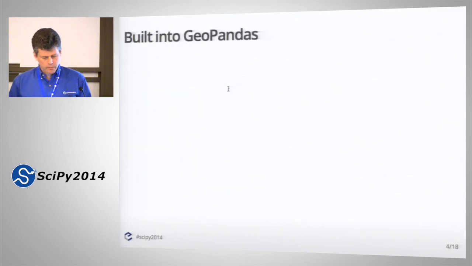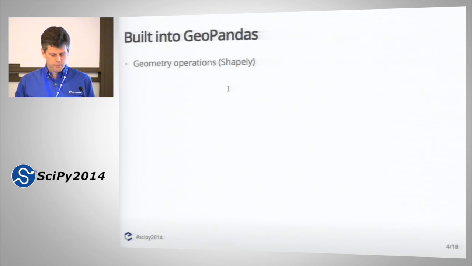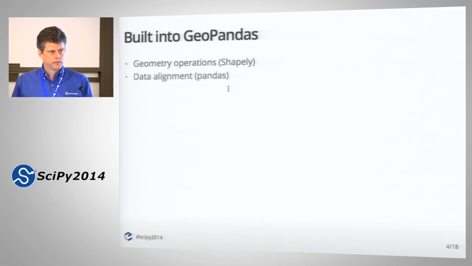Okay, so what does GeoPandas do with all of this? Geometry operations, fundamentally, and those are done by Shapely internally, and it essentially parallelizes them to distribute them across arrays, series of geometries instead of individual geometries. It does data alignment with the indexing power of Pandas, so comparing one series to another, if they have an index, it'll line them up properly. That's all built into the Pandas indexing system.